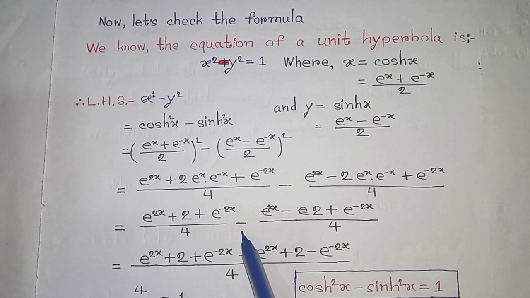Because there is a negative sign here, and when we use this negative sign, all the signs will be changed automatically. So positive e to the power 2x becomes negative, and negative 2 becomes positive, and positive e to the power minus 2x becomes negative, and here this is 4.